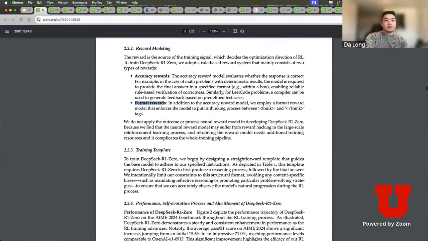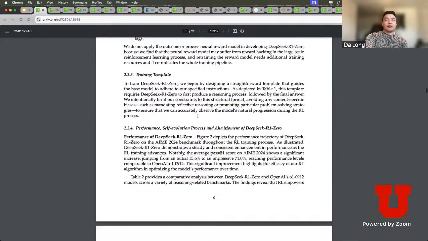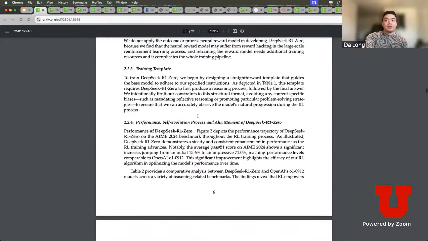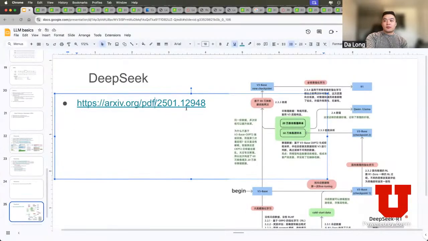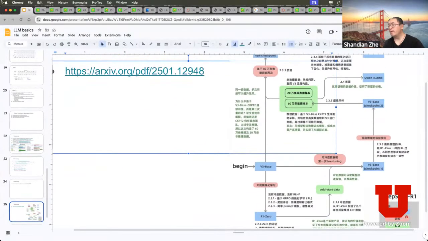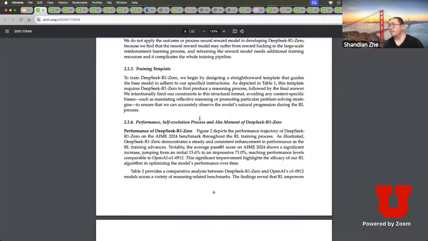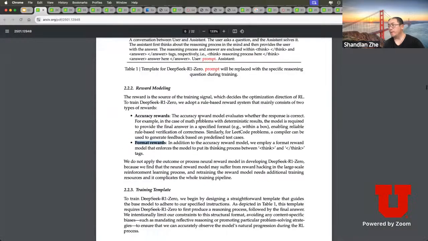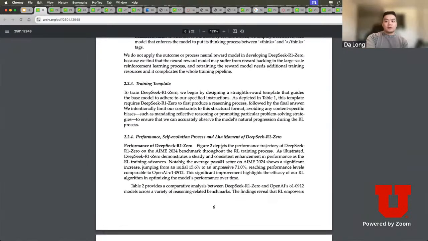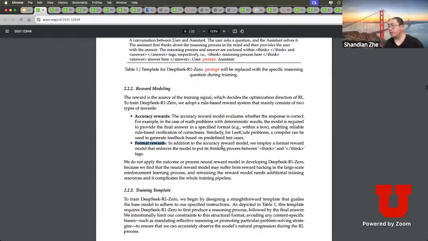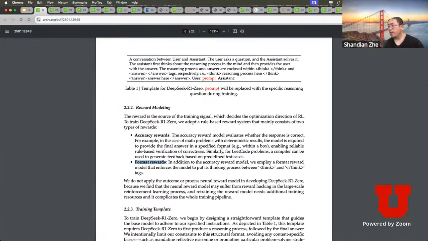Okay. So this is the reward modeling. If the answers don't follow their format, the reward will be small, and if the accuracy is not correct, the reward will be small, right? Yeah, just a set of heuristics to give the reward number according to these two aspects.